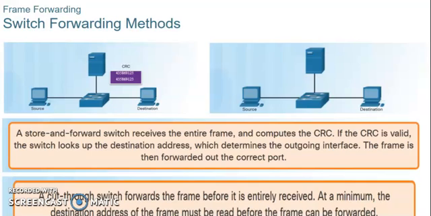So, if we compare these two forwarding methods, which is the best? We cannot say because there are many parameters. Store and forward switching has some advantages, cut-through has some advantages. Store and forward switching is reliable in that no errors will occur, whereas cut-through switching is very fast, but there are chances for the occurrence of errors.